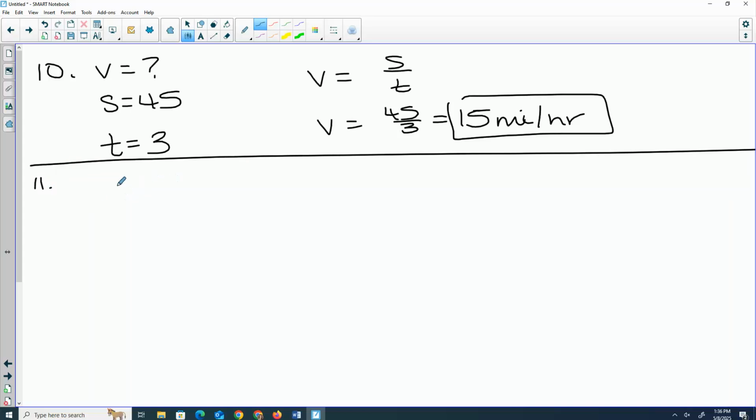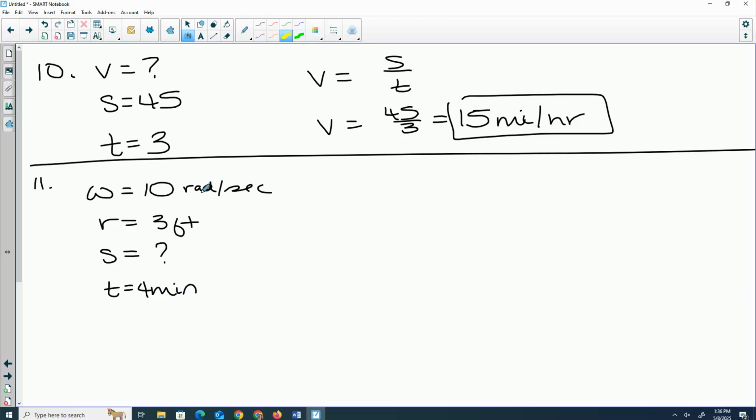Number 11 says our angular velocity, so that's omega, is 10 radians per second. The radius is 3 feet. We want the distance traveled on the outside of the circle, so we're looking for S in 4 minutes. So T is 4 minutes. Now here's the big problem. If you look, 10 is radians per second. My time is in minutes. We need those to match.